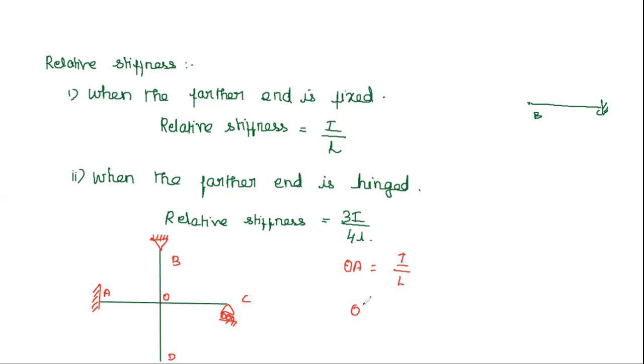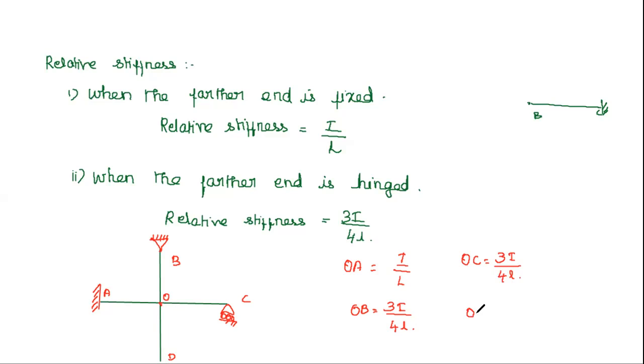OB, what is the stiffness of OB? From end O, I am seeing the farther end B, which is hinged, which means the stiffness is 3I by 4L. Next, OC. Here I am seeing point C, which is a roller support. So here the stiffness is 3I by 4L.